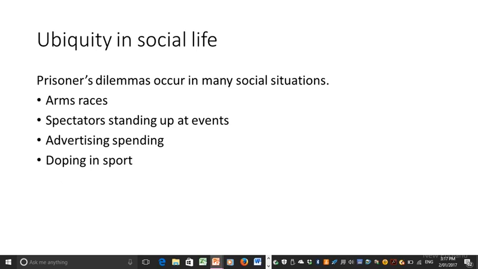Advertising spending. This can be expressed in a slightly amusing way. It's been said that when cigarette advertising on television was banned, that was actually very much in the interests of the tobacco companies. Why?